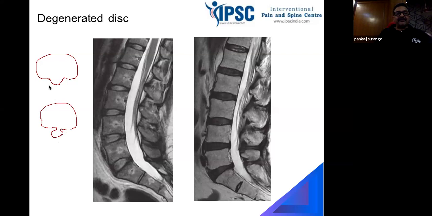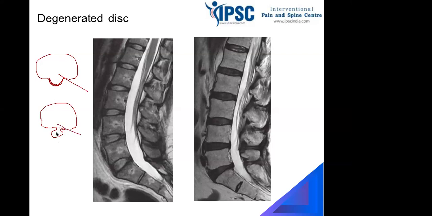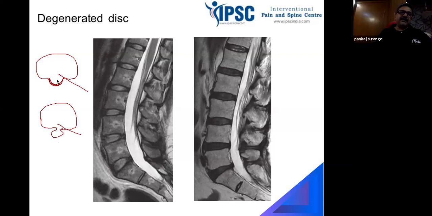In this case, if you want to remove this material, we can still go inside and remove this fragment from here. But if you have a fragment like this, even if you go inside, it is very difficult to remove. Both cases are extruded, but in this case we can go from inside and remove it from inside. In this case, we have to go in this direction and remove the fragment from there.